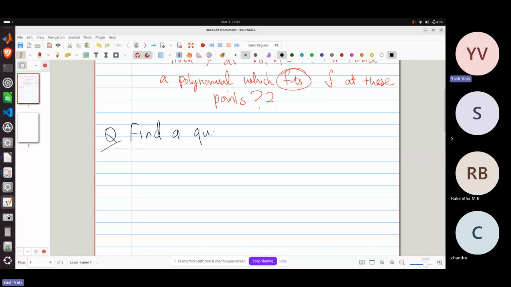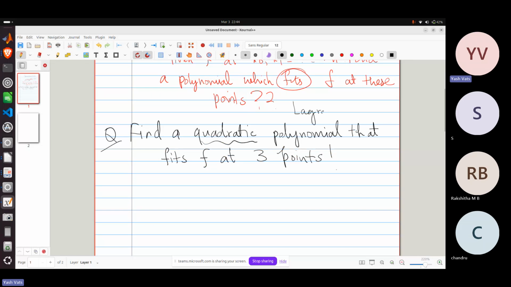Find a quadratic polynomial that fits f at 3 points. Because it's quadratic, it will fit f at 3 points, and that will be your Lagrangian polynomial, okay?